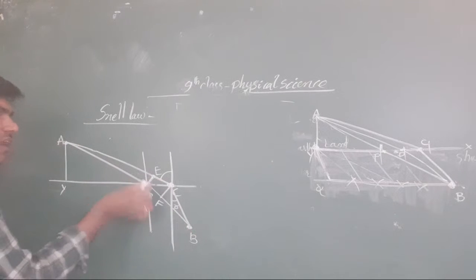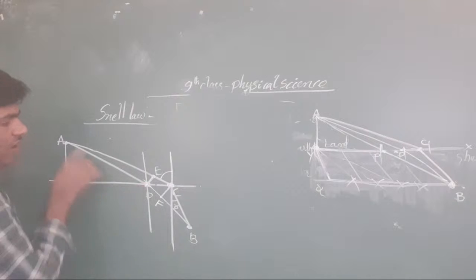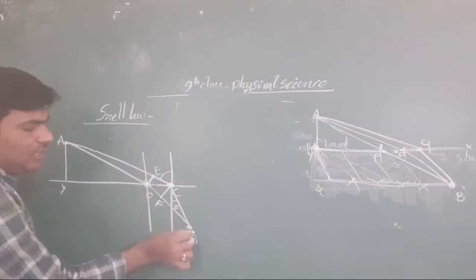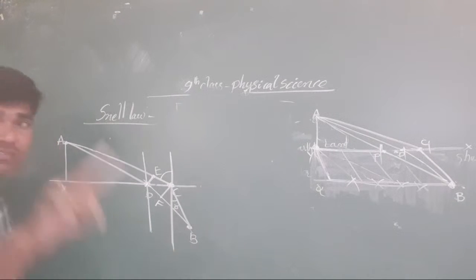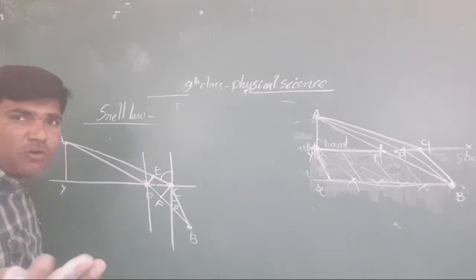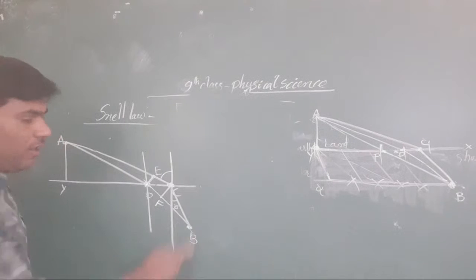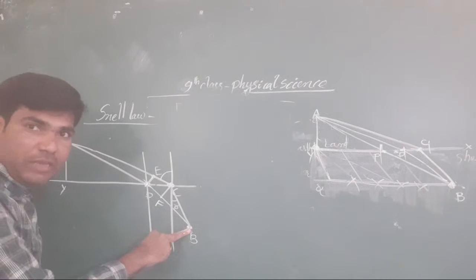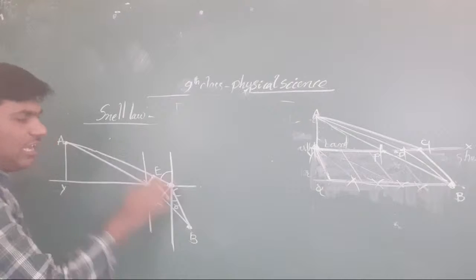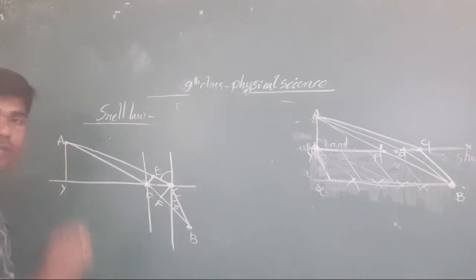Why? Because after D, along the ADB path we travel in the water only. Suppose two persons are trying to save the person who is at B. One person selects the ACB path, one person selects the ADB path.